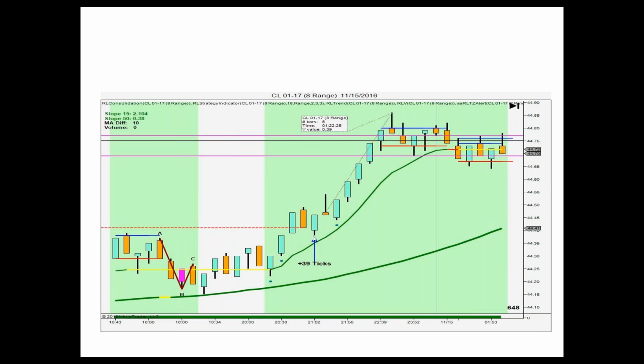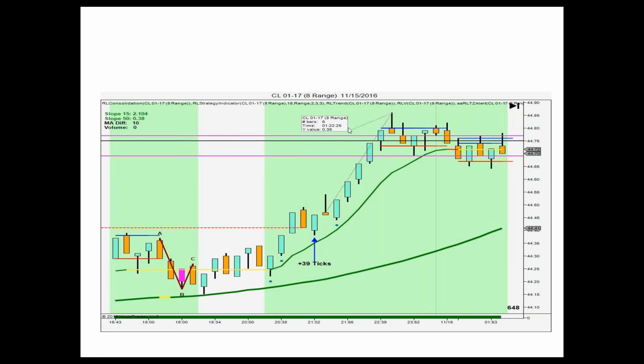Here's a move to the upside. This is a beautiful move on crude. You have the move up, breaks the pivot, comes right back to support. Algorithmic system enters, and the trade goes up 39 ticks. Now remember, you can take these trades out. If you're on the algorithmic system and you think 35 ticks and 7 ticks is enough, that's $420. You can close the trade anytime.